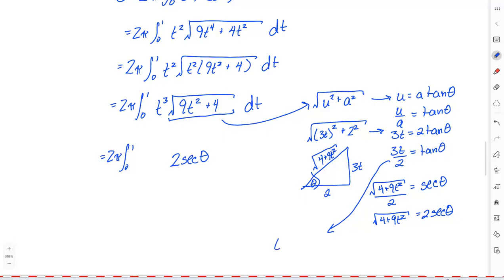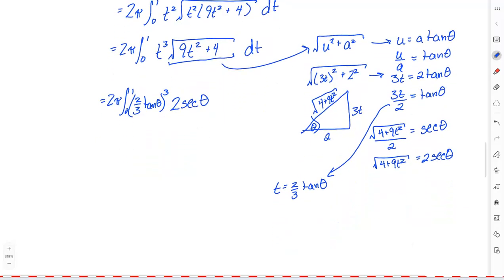How do I solve that for t? I'm going to multiply everything by 2/3. So I'm going to have 2/3 tangent of theta, and that's going to be cubed because it's t cubed. And then the derivative of t: the derivative of tangent is secant squared. We took that derivative with respect to theta. So I made a substitution for the t and cubed it, I made a substitution for that square root, and now I'm making a substitution for dt.